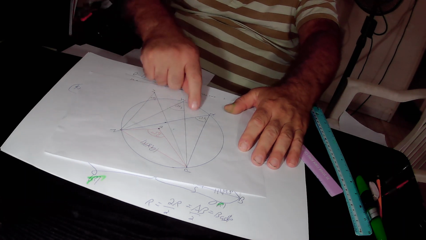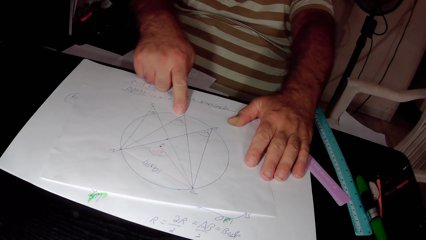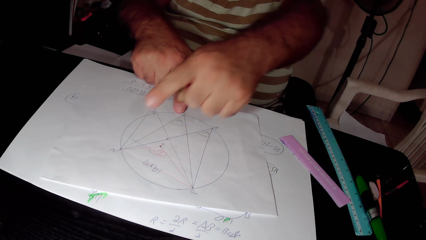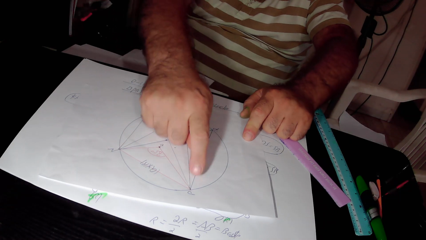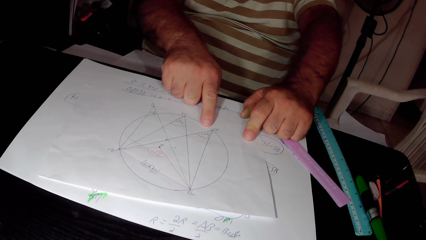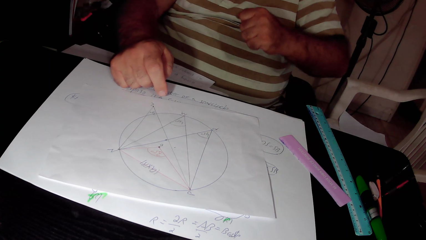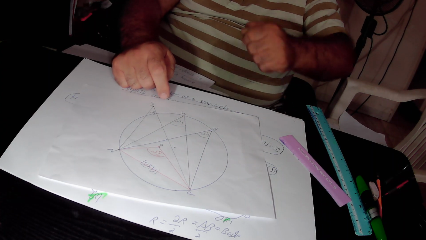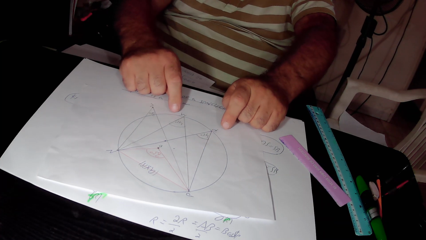This is angle NNP, equal to 45 degrees, and it subtends chord PN. Likewise, this is angle NQP, also 45 degrees, subtending the same chord PN. According to Rule 16, those two angles subtend the same chord PN, therefore they must be equal to each other.